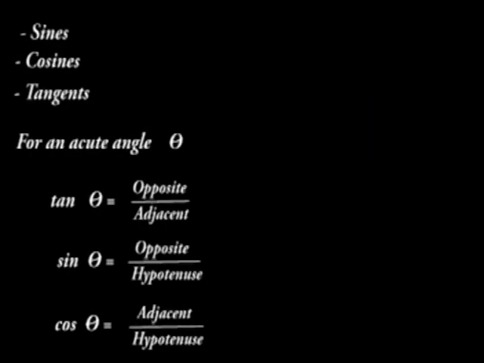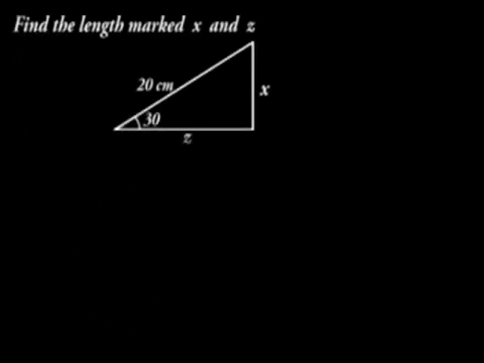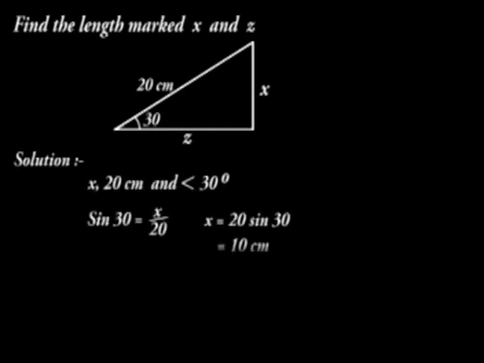For example, find the length of the side marked x and z. In our solution, sin 30 is equal to x over 20. This is because x, 20 centimeters, and 30 degrees are related by sine.